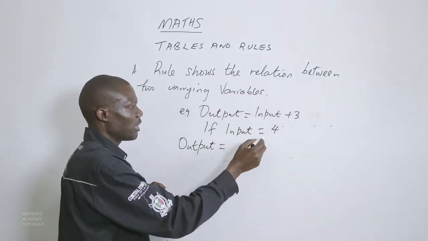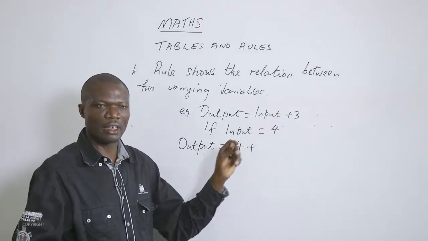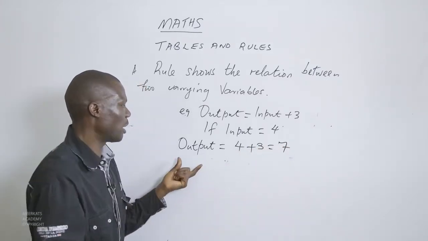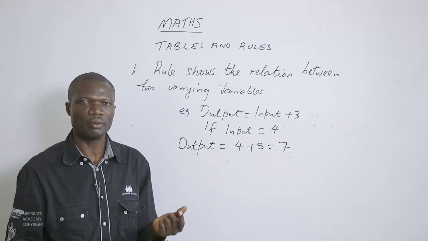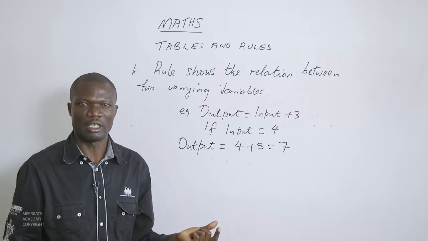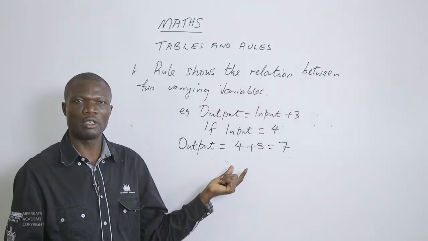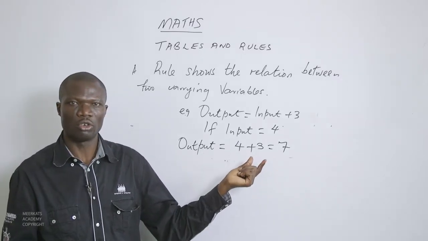So given that input is 4, we substitute input and write 4, then add 3. When you add 3, you'll get that the output in this particular case is equals to 7. So we are able to get 7 based on the fact that the input was 4.